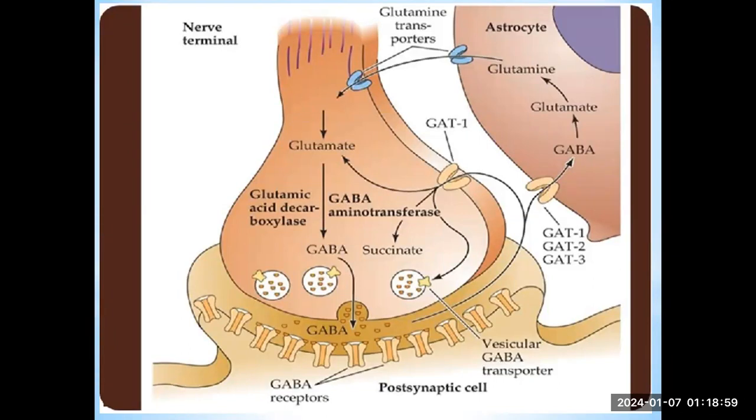This is the diagram that shows the whole mechanism. You can see right here the GABA. Glutamate, which is present in the presynaptic neuron, the nerve terminal, is converted by glutamic acid decarboxylase into GABA.